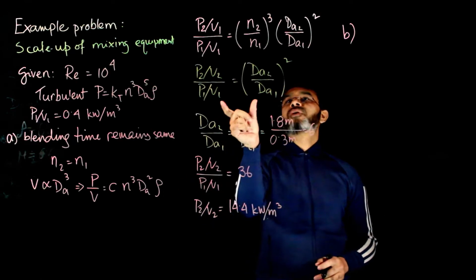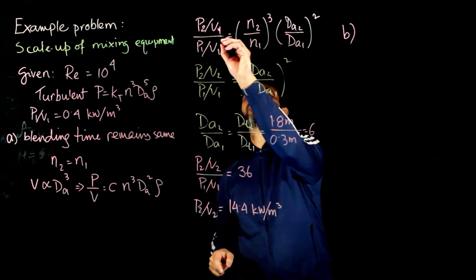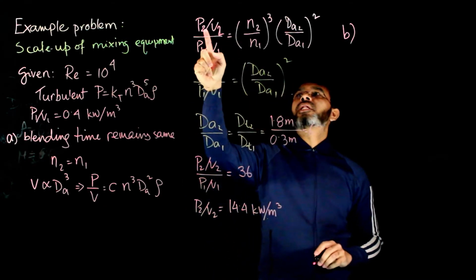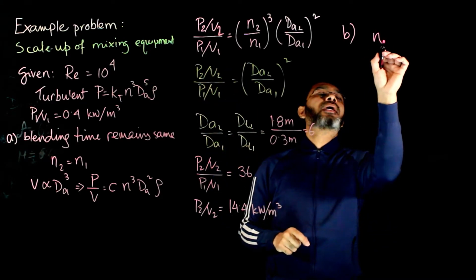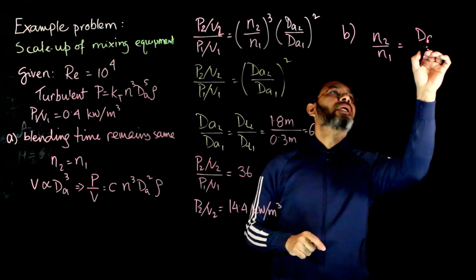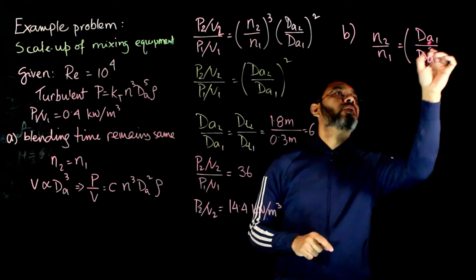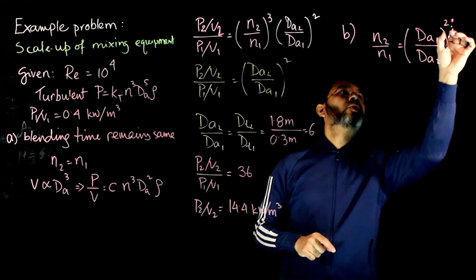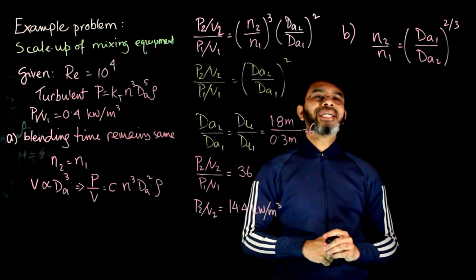Now again, from this formulation, if we put P2 over V2 over P1 over V1 to be 1, we get N2 over N1 to be dA1 over dA2 power 2 over 3.